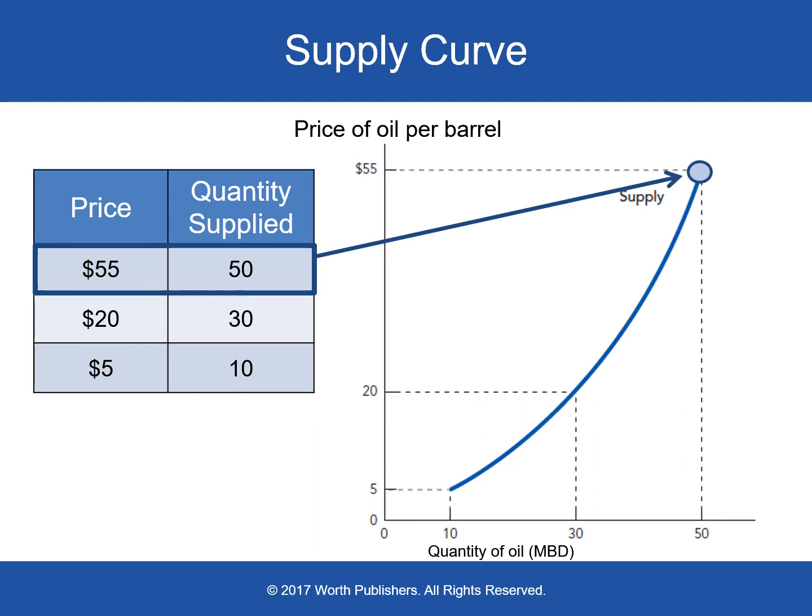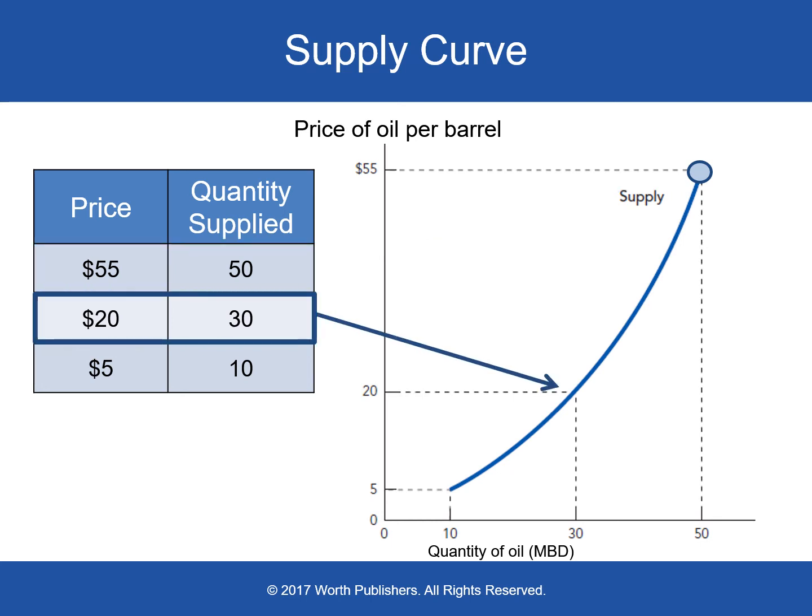Now, if the price of oil falls to, let's say, $20 a barrel, those high-cost producers of oil are going to effectively be cut out of the market. They cannot afford to produce oil and make a profit if the price per barrel is $20.